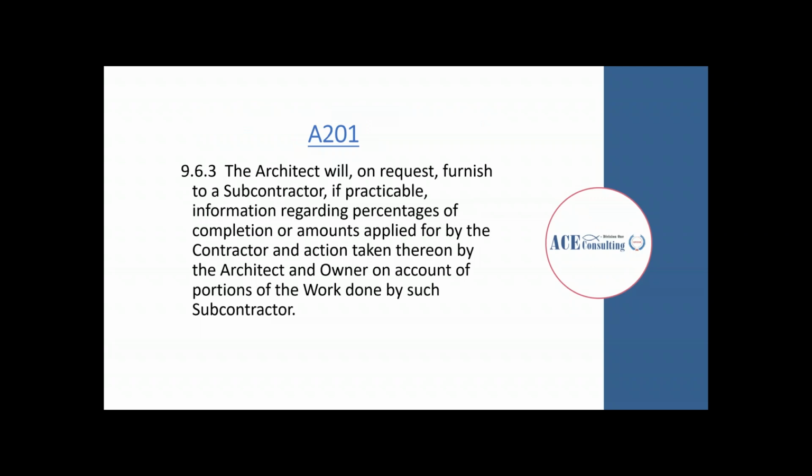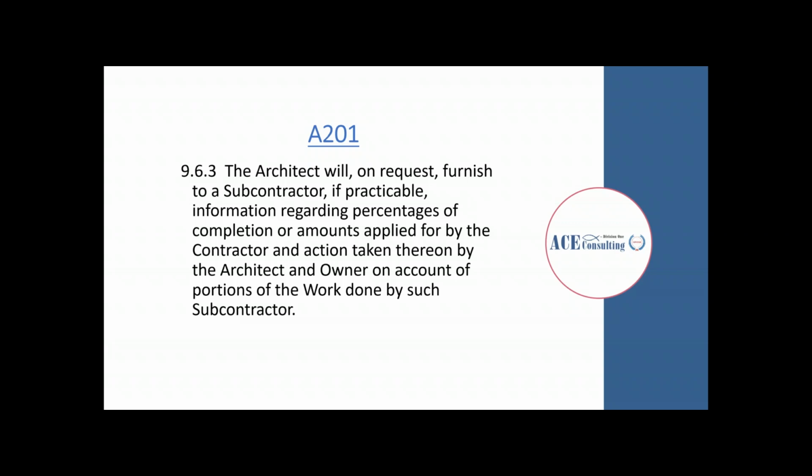Another section of that A201 document talks about how the architect, on request, will furnish to a subcontractor, if practical, information regarding percentages of completion or amounts applied for by the contractor and action taken. So basically, this is saying that if the subcontractor requests to the architect that they'd like to know how much the general is claiming that their scope of work is finished, what percentage are they billing towards?